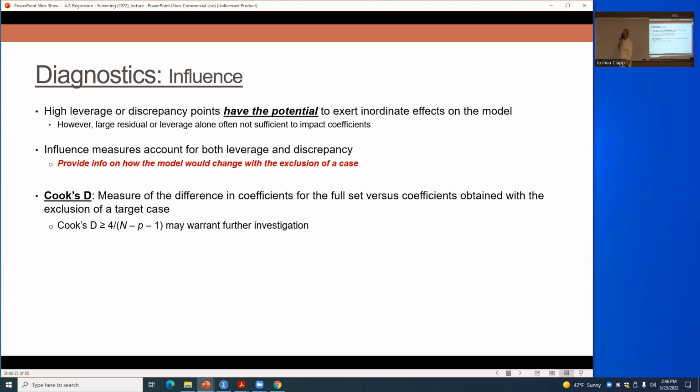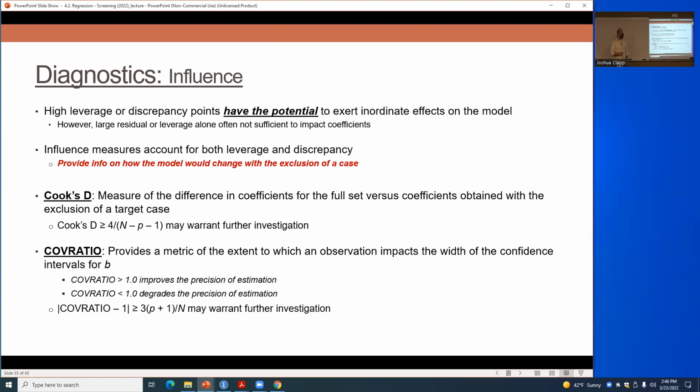As a threshold for Cook's D, the general recommendation is that anything greater than 4 over the sample size minus the number of predictors minus 1 may warrant further investigation. I cannot stress this enough: it doesn't mean it's problematic. This is just pointing you toward things that say, hey, maybe take a closer look at this.